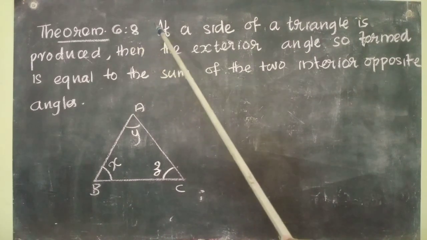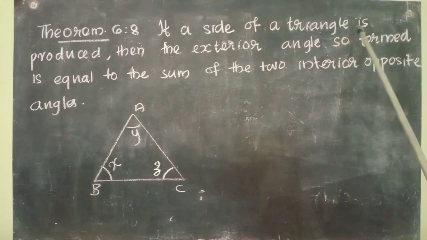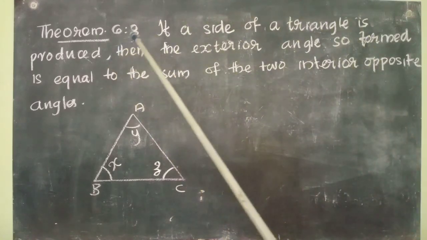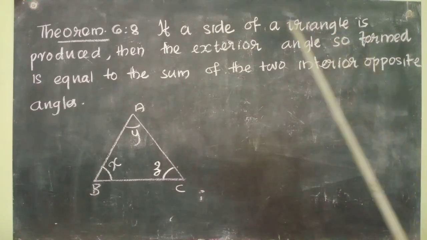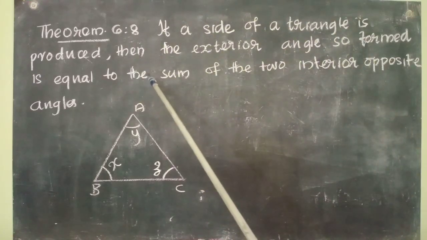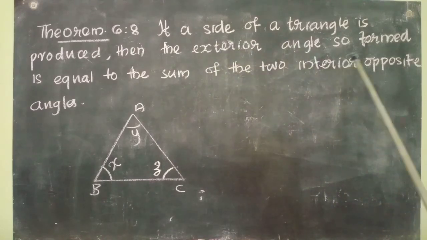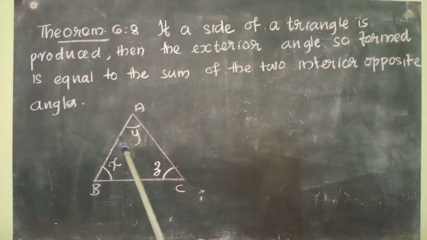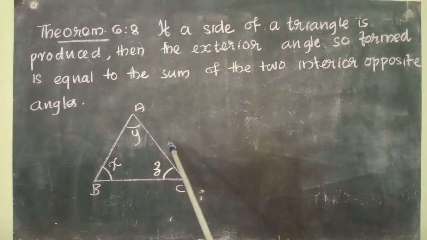Theorem 6.8. If a side of a triangle is produced, then the exterior angle so formed is equal to the sum of the two interior opposite angles. So this is theorem 6.8.